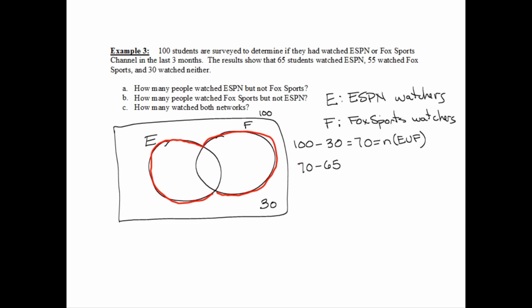Okay, if you think of covering up everything in E, what's left? 5. In other words, if the E circle right here has 65 in it, and I know there's 70 total in this red outlined area, that means I've got to have 5 over here, right?